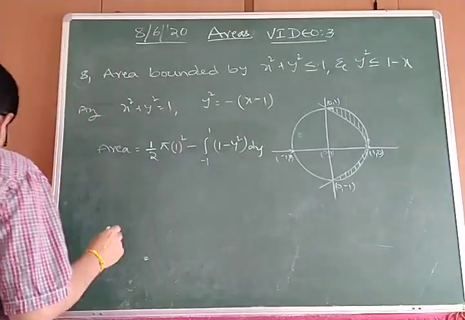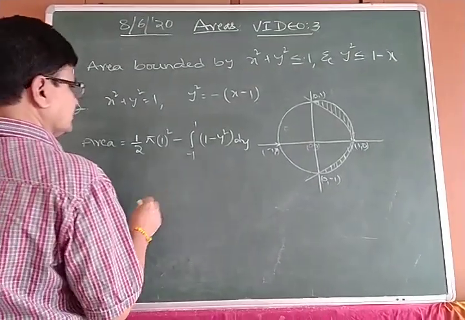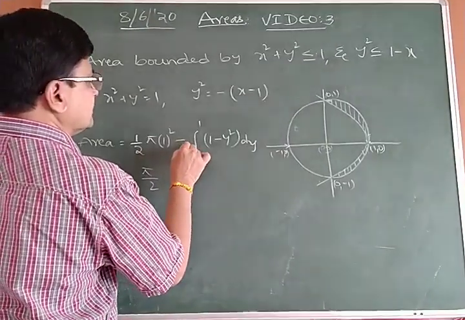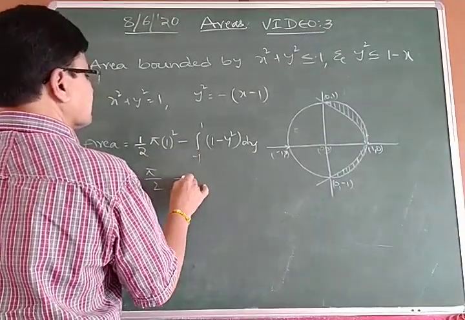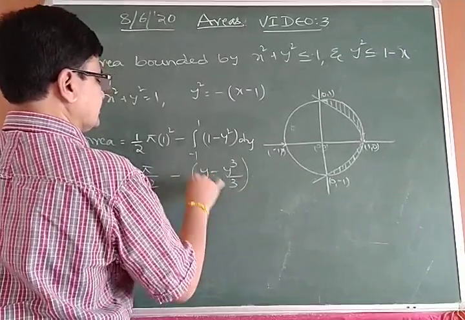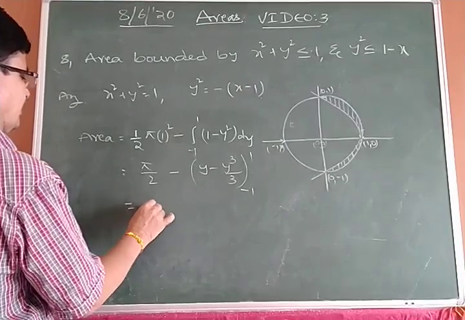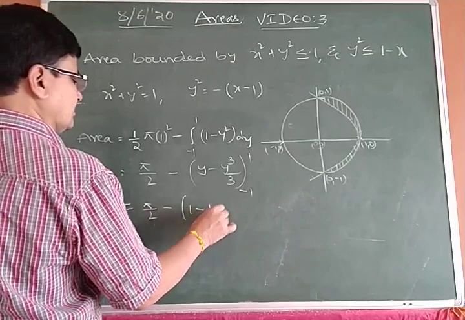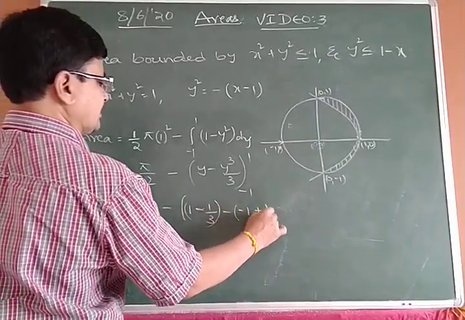So that is equal to pi by 2 minus the same, minus y minus y cube by 3, from minus 1 to plus 1. This is pi by 2 minus half, upper limit is 1 minus 1 by 3, and the lower limit minus 1 minus half minus plus 1 by 3.